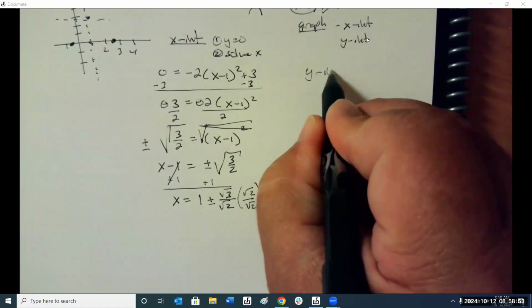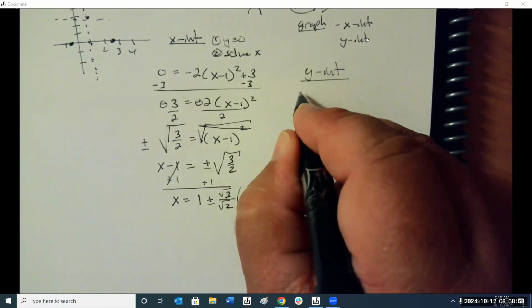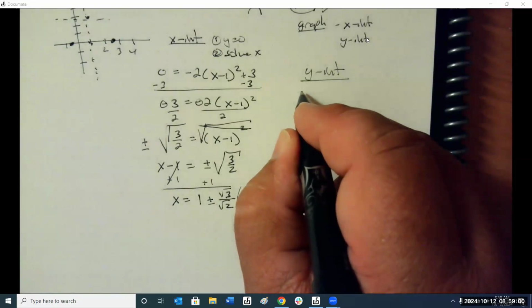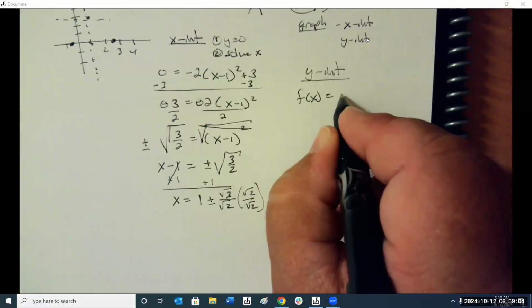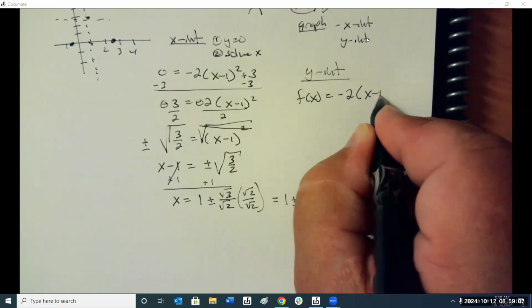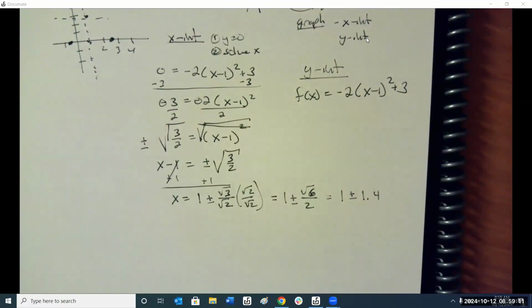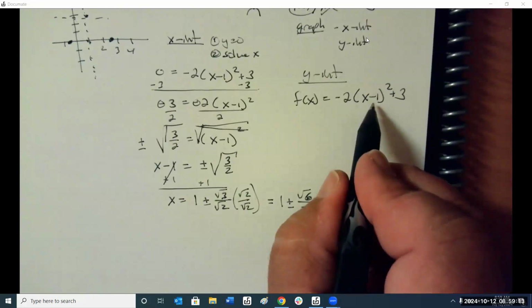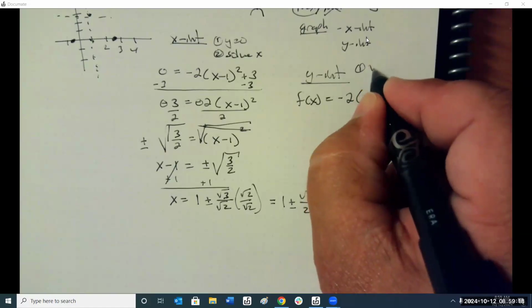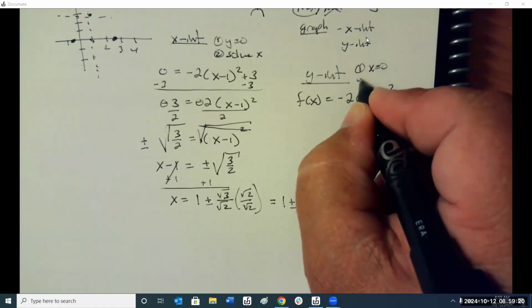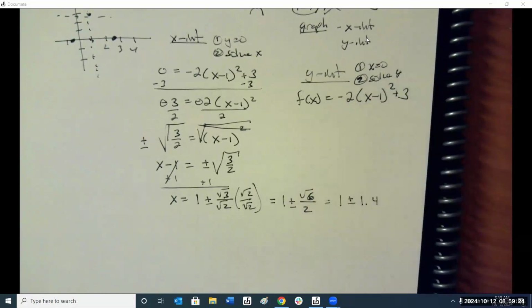My y-intercept: f of x equals negative 2 times x minus 1 squared plus 3. The y-intercept is when you set x equals 0 and solve for y.